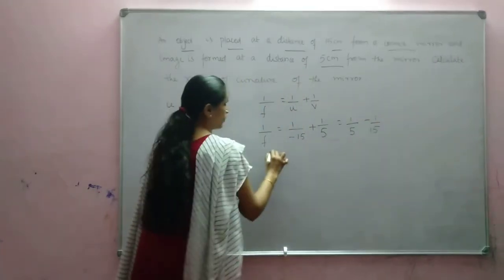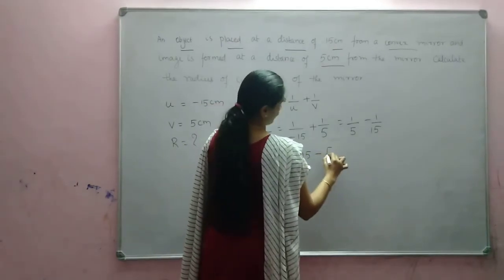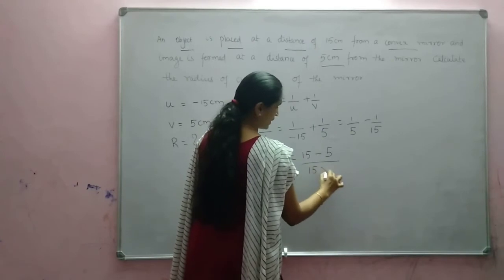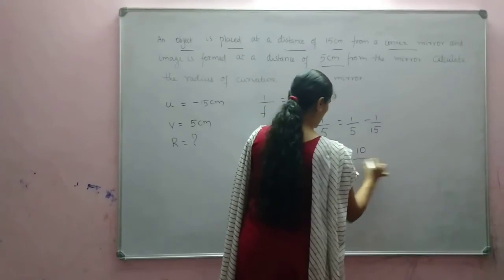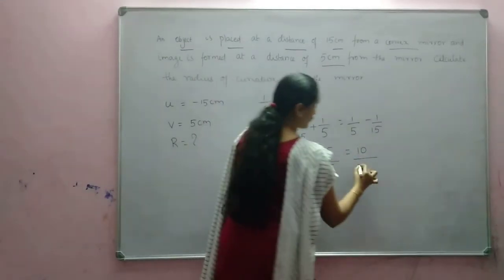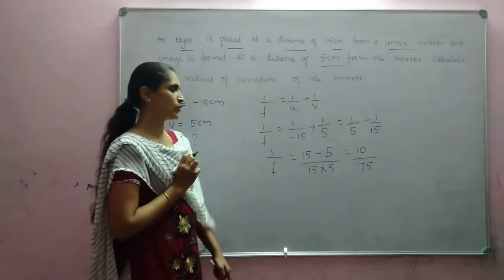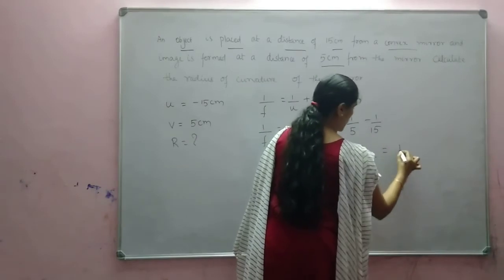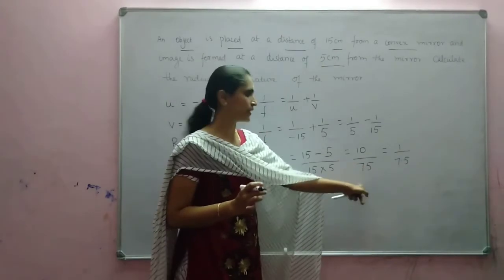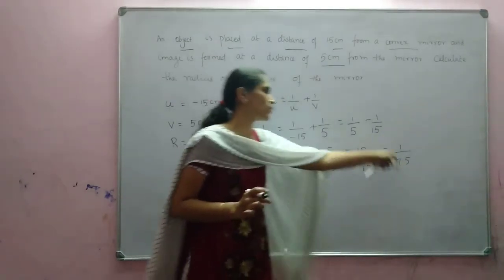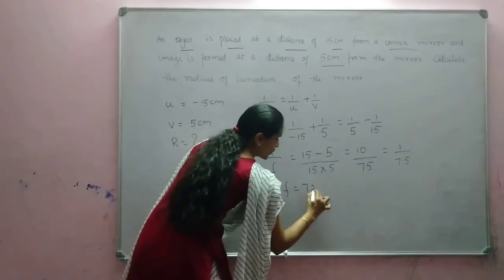Okay, or 1 by f is equal to 15 minus 5 divided by 15 into 5. 15 minus 5 is 10 by 15 into 5, it is 75. So 1 by f is equal to 10 by 75, which we can write as 1 by 7.5, or we can write f is equal to 7.5 centimeter.